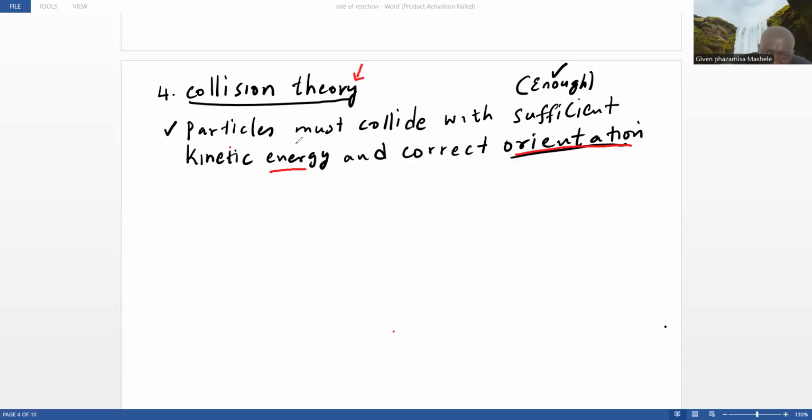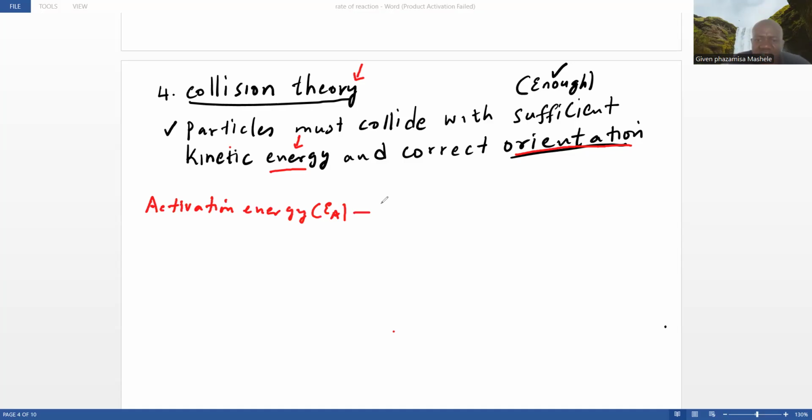What does it mean by sufficient energy? We know very well that for the reaction to start, it needs an energy, and this energy is called the activation energy, which in other books we call the EA.